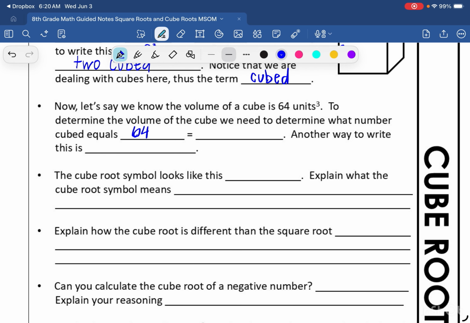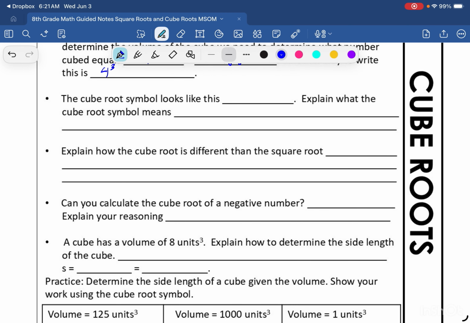So we need to think about what number times itself 3 times equals 64. And that's going to be 4 times 4 times 4. Because 4 times 4 is 16, times 4 is 64. So another way to write this would be 4 cubed, or 4 to the 3rd power.